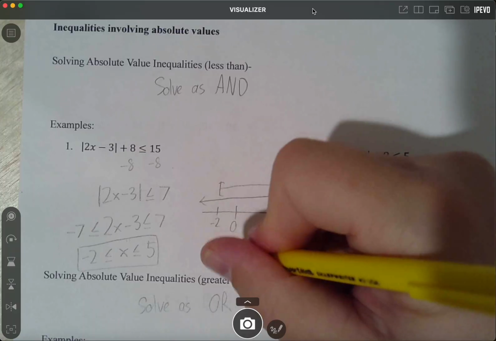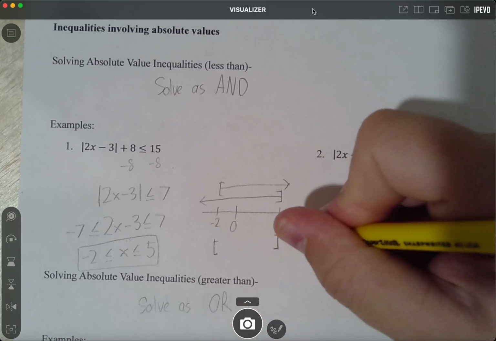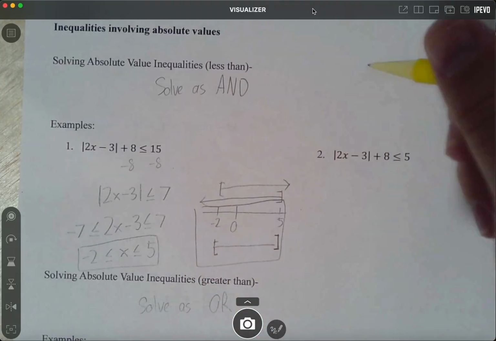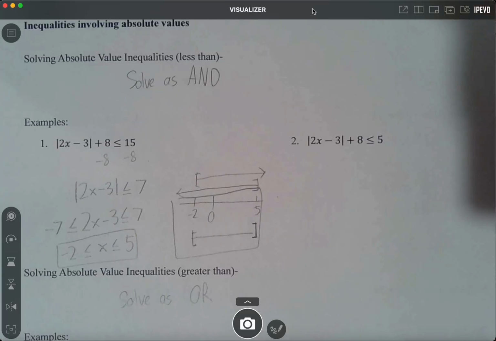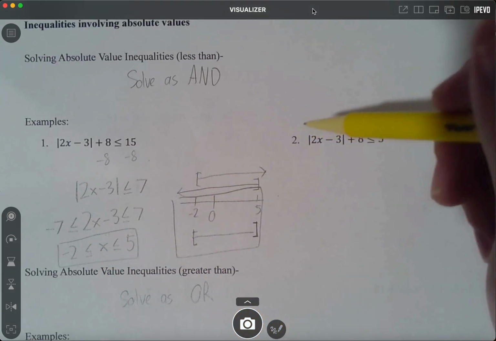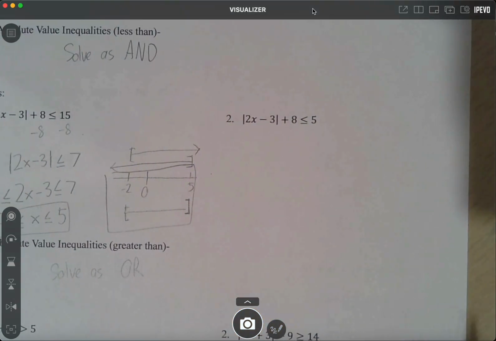But because this is "and," we're only taking that overlap. So this is our final solution. Just that overlap from negative 2 to 5, both with the hard brackets because of the "or equal to," or square brackets.